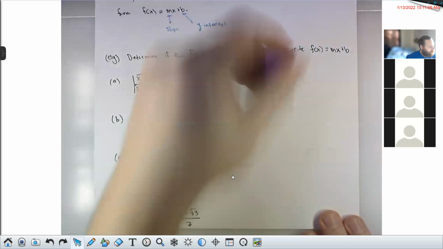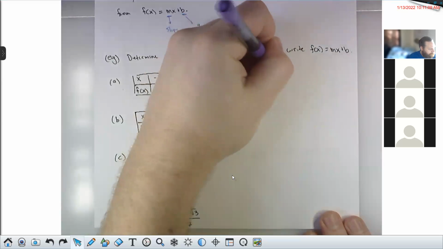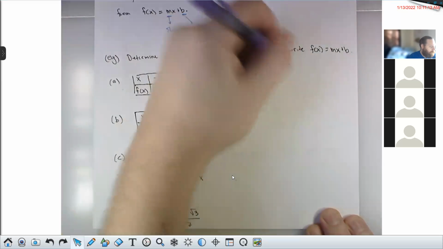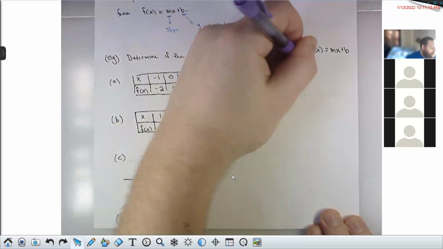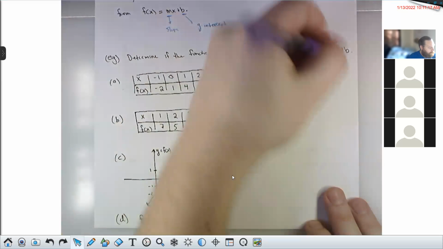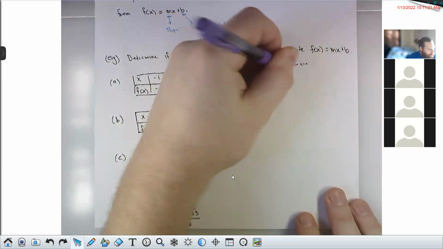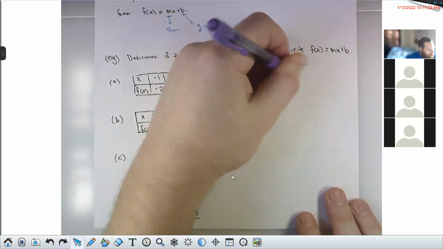Right? So from x equals -1 to x equals 0, we have f of 0 minus f of -1 divided by 0 minus -1.